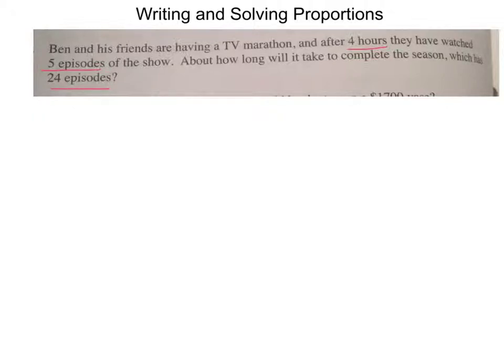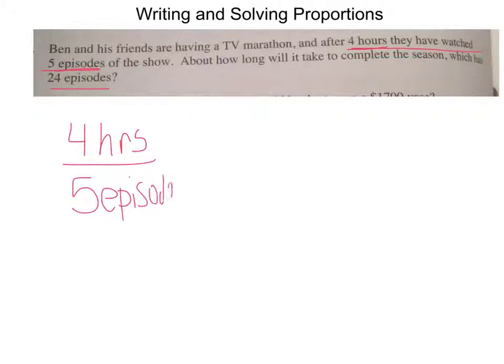Let's start by figuring out what's the rate that we're given. I know that after 4 hours they've watched 5 episodes. So that's 4 hours in 5 episodes, or 5 episodes in 4 hours. And I want to know how long it'll take them to watch 24 episodes.